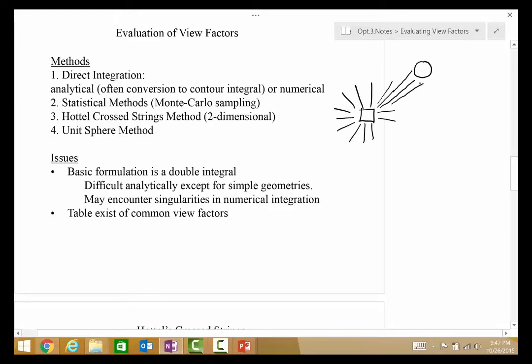So it's a geometric, ray tracing type problem to understand what fraction actually will impact the second object.